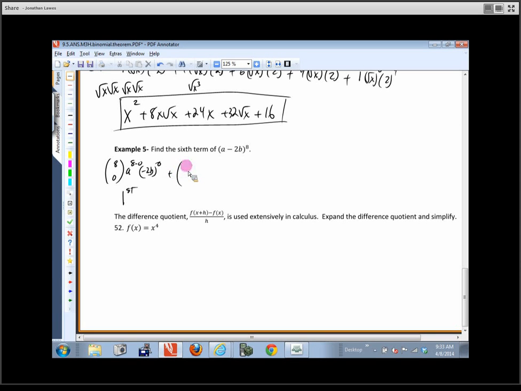Here's the second one. What goes here? A 1. A to the 7th, 8 minus 1. And then this would be negative 2b to the 1st, right? That's the second one.